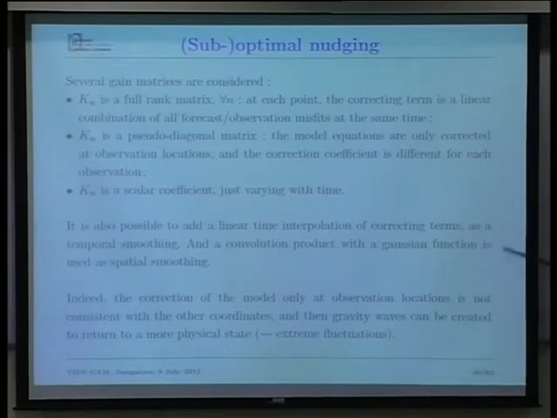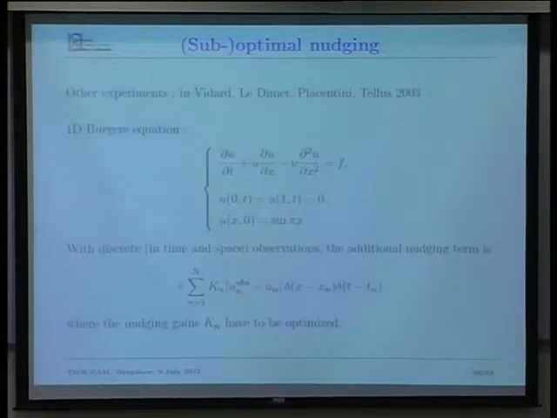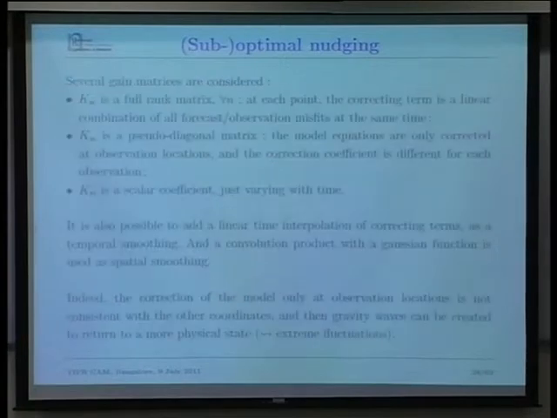So they also considered a smooth version of this, because this could be very bad if you simply correct at one point. Then the solution is not physical, and the model may have bad behavior in the few time steps after. So you can add a linear time interpolation.